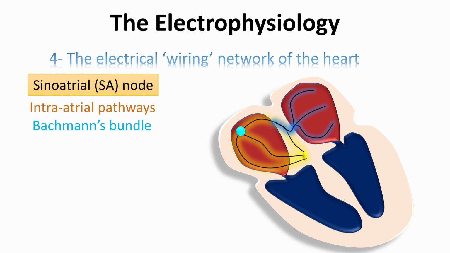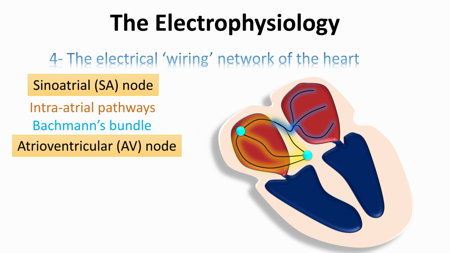Having activated the atria, the impulse enters the atrioventricular node situated at the AV junction, on the lower part of the intra-atrial septum. The brief delay of the impulse at the AV node allows time for the atria to empty the blood they contain into their respective ventricles.